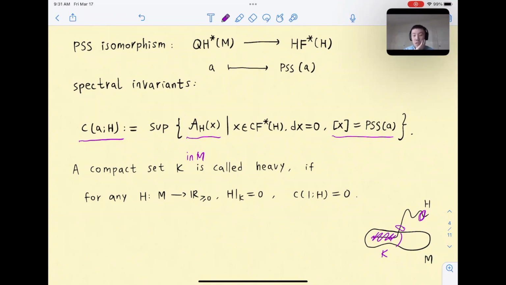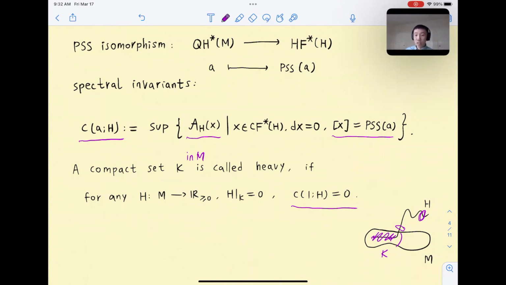A remark is that this is not the original definition. The original definition, due to Entov-Polterovich, used the homogenized spectral invariant. But in this setting, we can apply some trick to only study this spectral invariant by studying c(1, H).